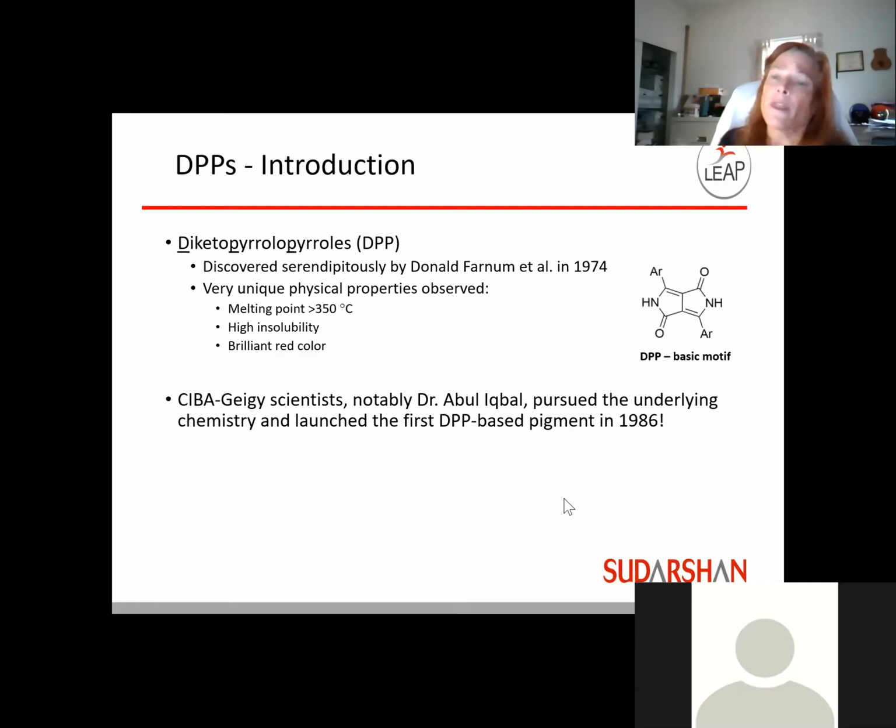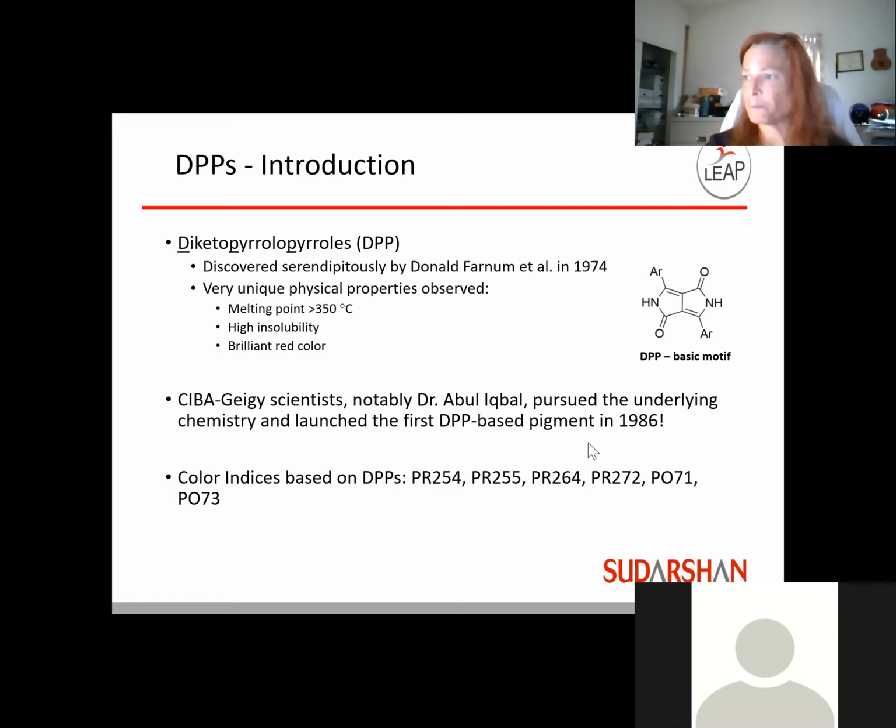We're all familiar with Ciba-Geigy that developed the first DPP-based pigment in 1986. So it's a fairly young pigment in respect to some others.